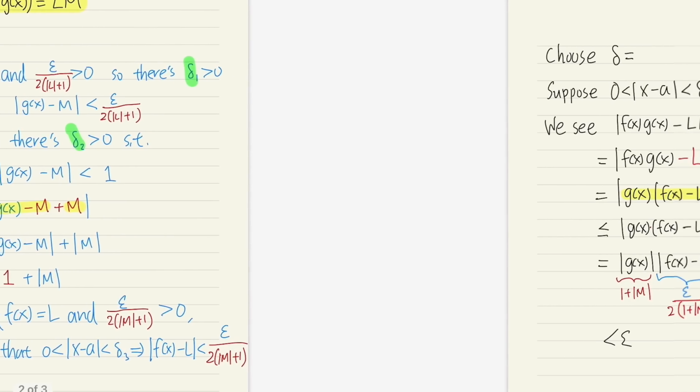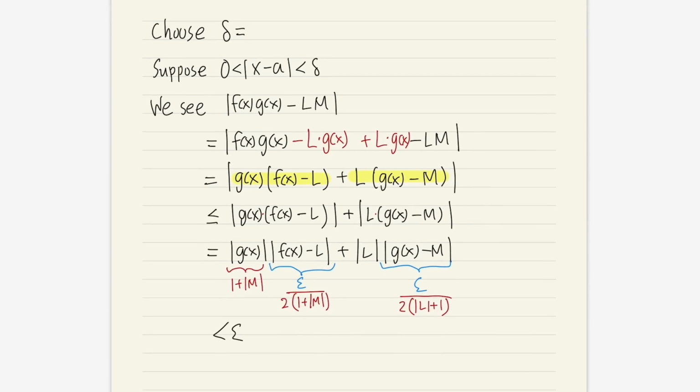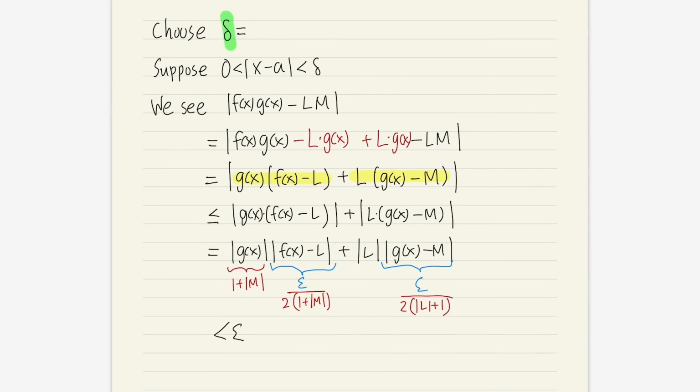And in order for us to finish up the proof for this, in order for us to choose this delta, we are just going to pick the minimum. Because once we have this delta being the minimum of delta 1, delta 2, delta 3, when we suppose the absolute value of x minus a is less than this delta, then this implies the absolute value of x minus a is less than all delta 1, 2, and 3.